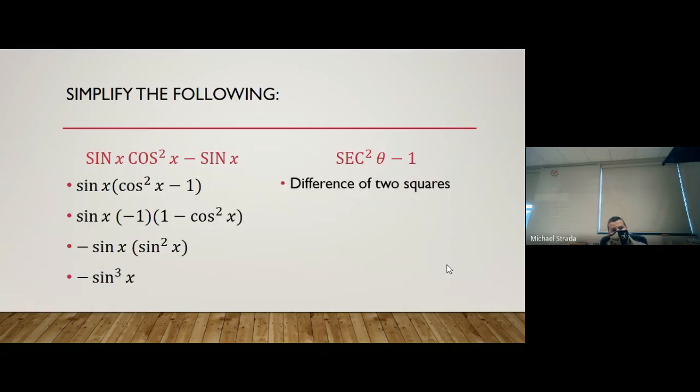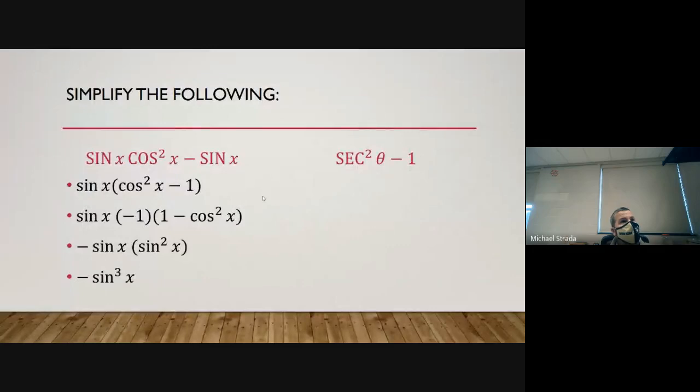The one on the right, secant squared minus 1. Tangent squared plus 1 equals secant squared x.